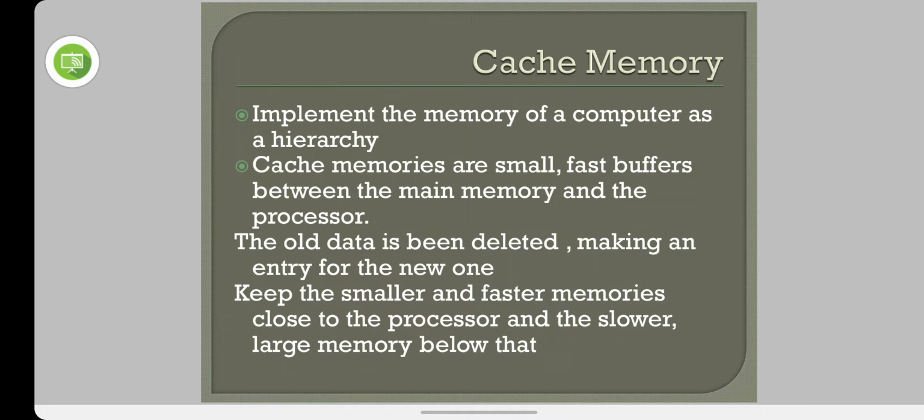The implementation of the memory of a computer is a hierarchy, as I have shown now. The cache memories are small fast buffers between the main memory and the processor. The old data is deleted, making an entry for the new one. So all these points have been discussed now. We keep the smaller and faster memories close to the processor, and the slower and larger memories below that.